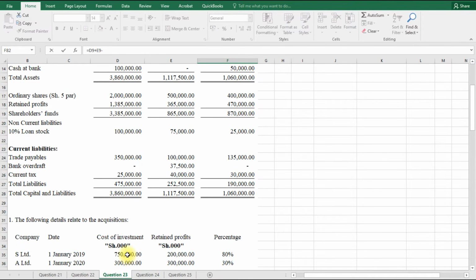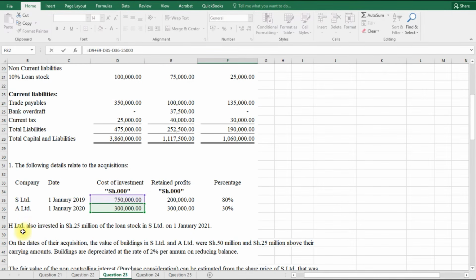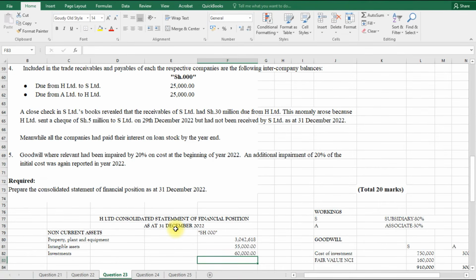So internally we have invested this and we have invested in this, and we minus the 25,000 that we had invested for what? For the loan stock. H also invested 25 million of the loan stock in S, so that we remain, the objective is to remain with external investment, and you'll find that our external investments were 60,000.